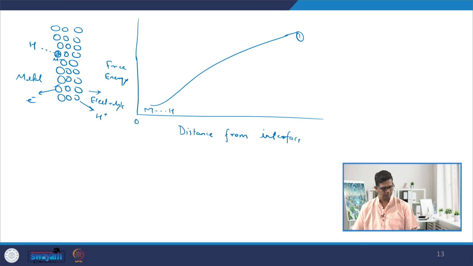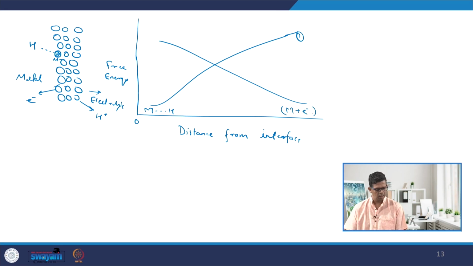Second graph is about the product, that is M plus e⁻ plus H⁺, right, and on this side we have the electrolyte. This is your second case. So, now we are concerned with the proton. The proton is highly stable near the electrolyte.